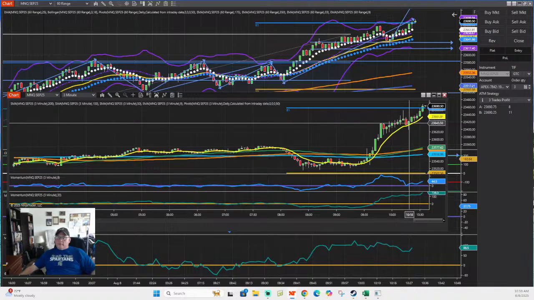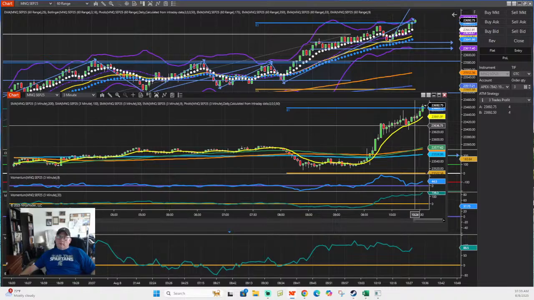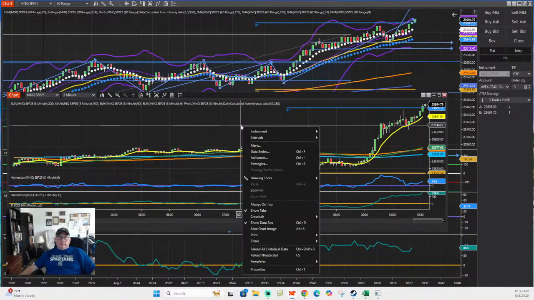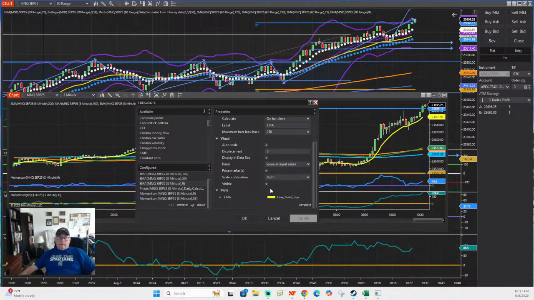Bouncing off of the 50, no, this is the 9 EMA down here, I believe. Yeah, 50 is the green line, orange is 100, and that's 200. Yes, bouncing off the 9 EMA on the 3-minute chart.